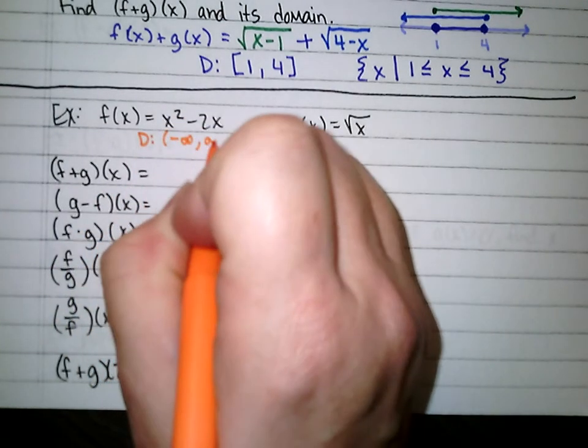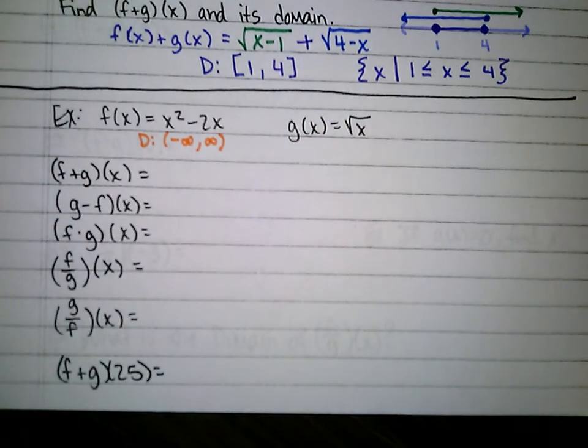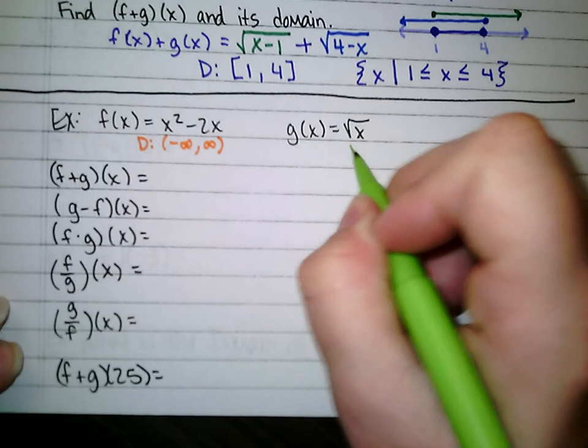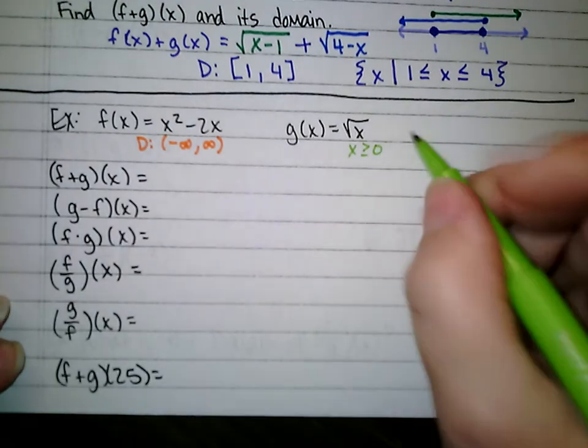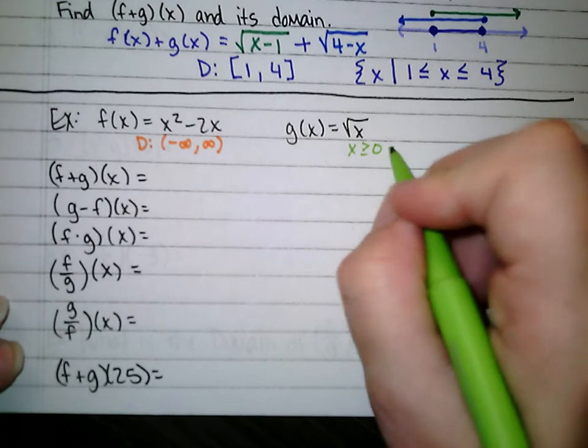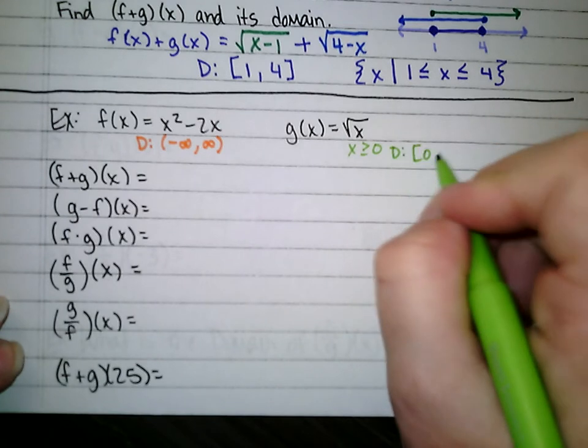It's allowed to go anywhere. And then g of x, of course, is under a radical. So being under a radical, we set that radicand greater than or equal to 0. So x greater than or equal to 0, which is already solved. So the domain would be 0 to infinity.